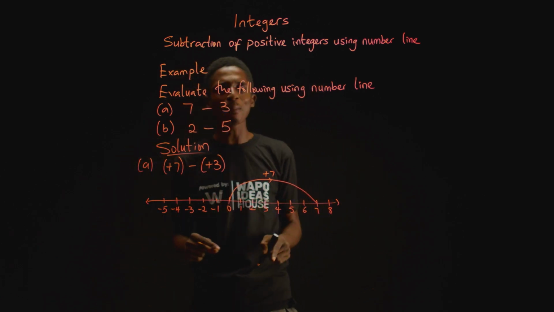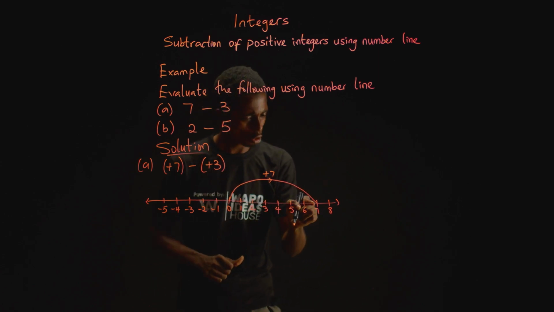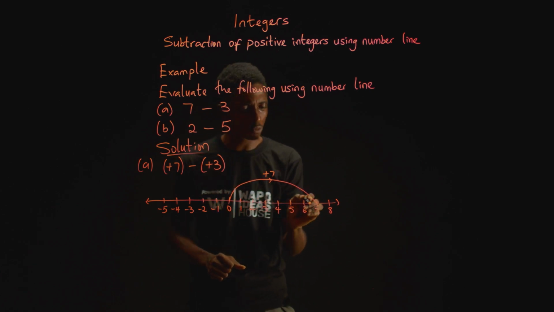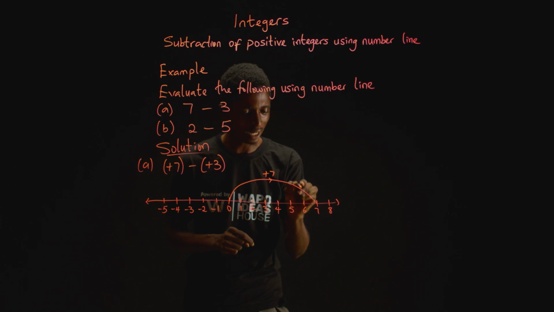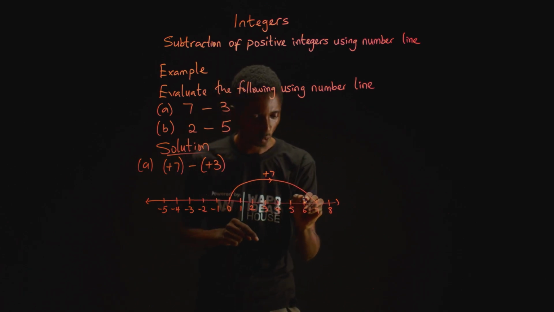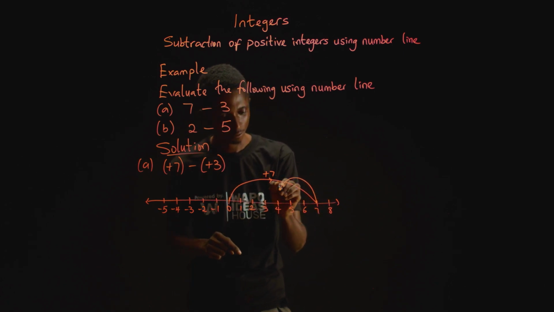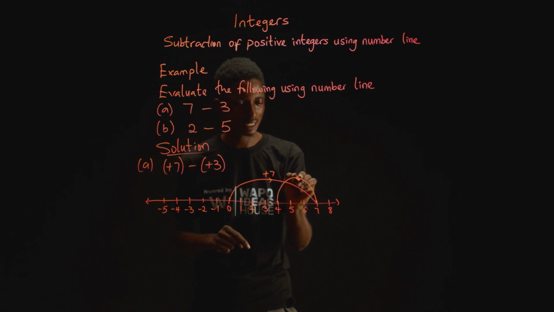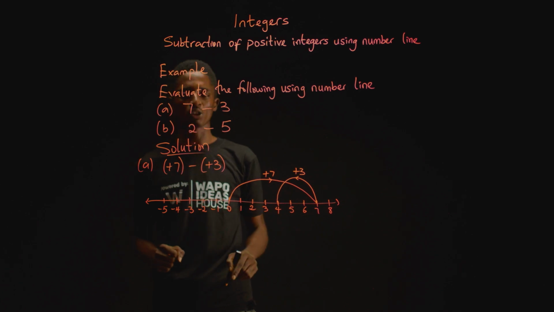And we have to go in how many directions? 3 directions. So from where we have stopped here, we are going to move 3 steps to the left. So we go 1, 2, 3. In this direction, that is plus 3, to the left because we are subtracting.